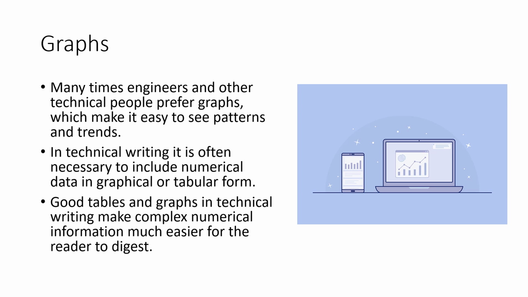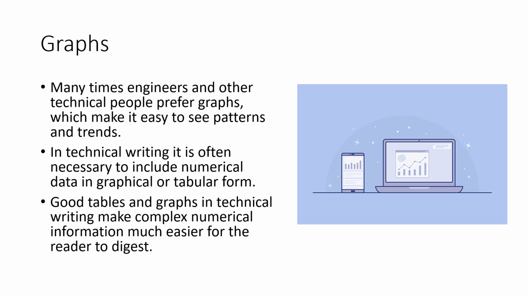And when we do a table or a graph in technical writing, sometimes it's going to make complex numerical information way easier for our reader to digest. It's going to help them look at that, and then if they want to go dig through the numerical data, the data tables, they can dive into that on their own and go back and double check it.